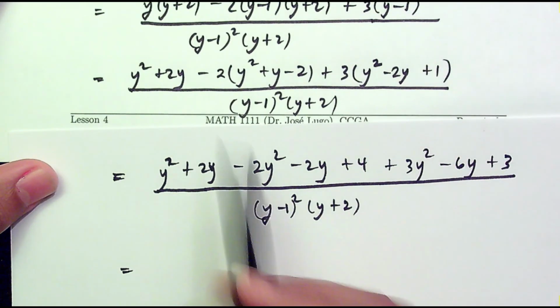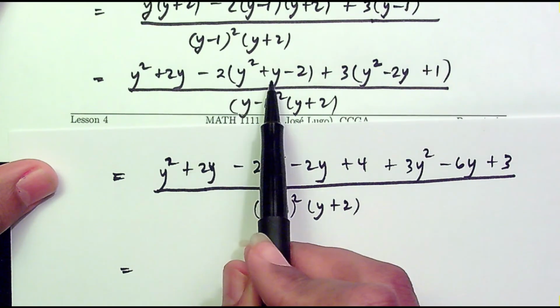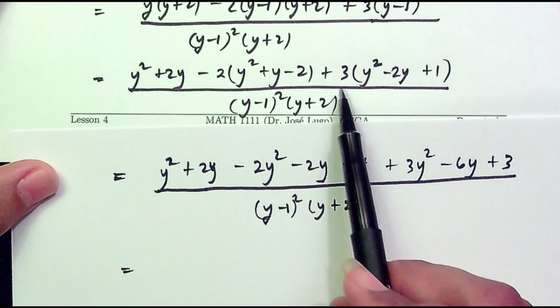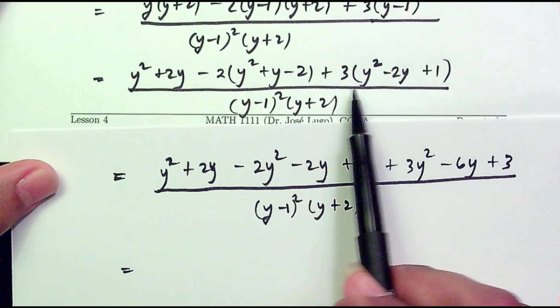Okay, so distributing this, you get negative 2y squared minus 2y plus 4, 3y squared minus 6y plus 3.